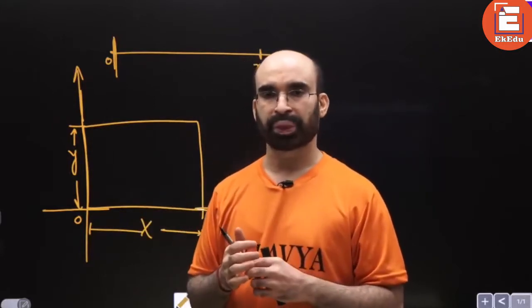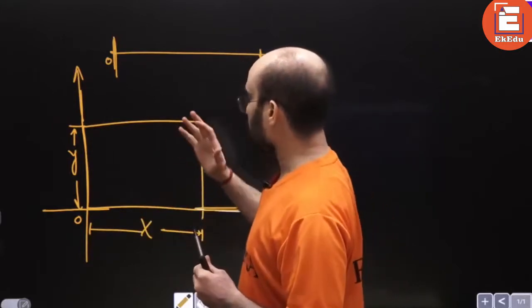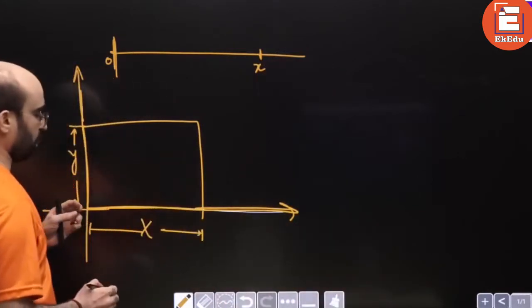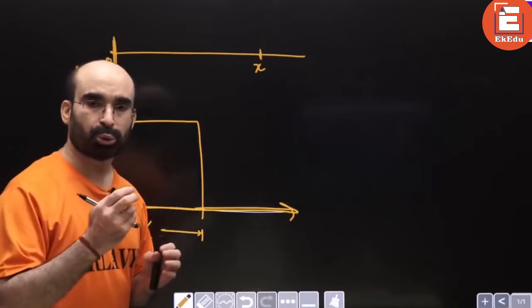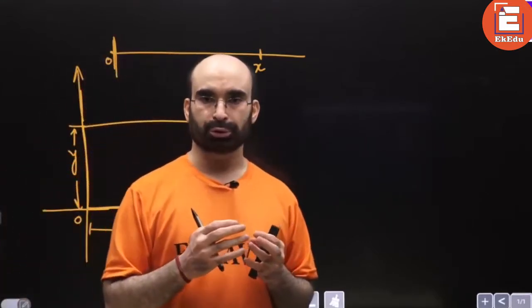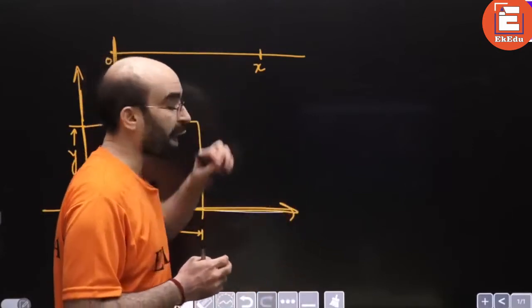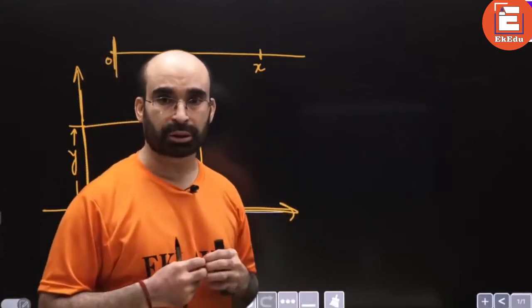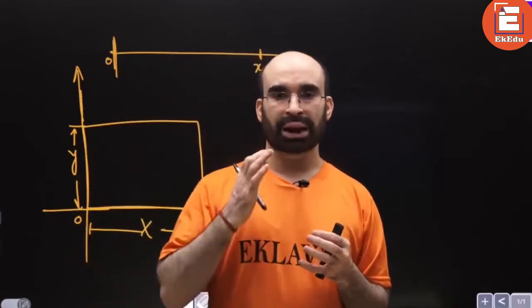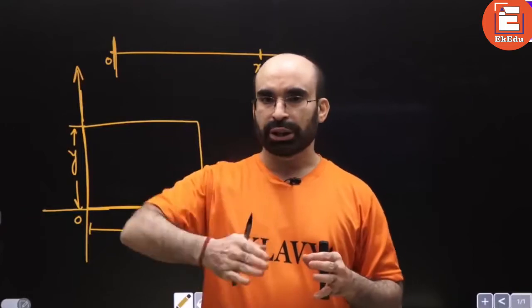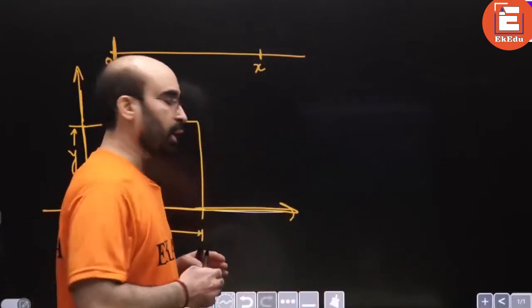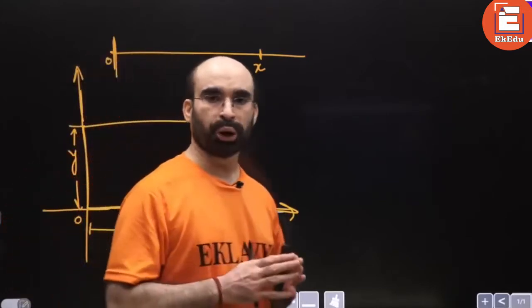That means now in motion in a plane, what will happen? We need to look into the x and y coordinates also. It's not only the value of x that would matter to us. Here x and y both would matter to us. The change in position along the x-axis and along the y-axis both will matter.